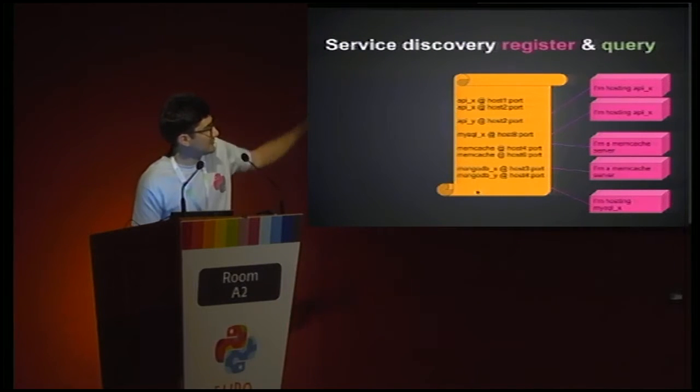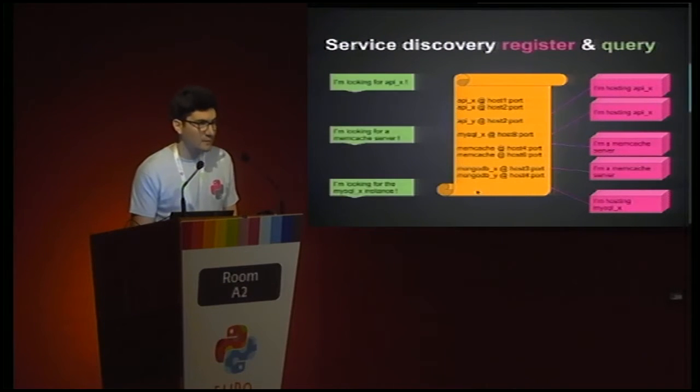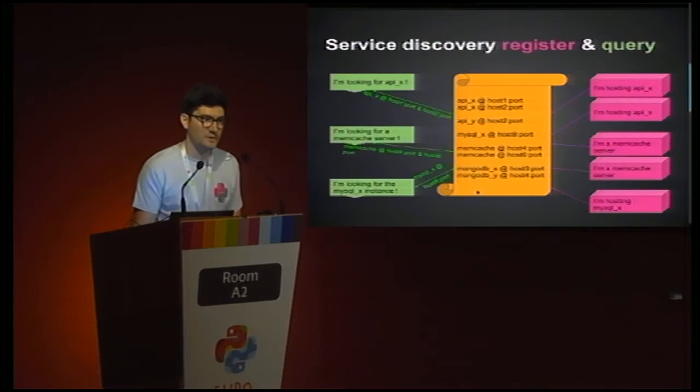And so you will get a list of services running at host and port, multiple times if the service is running on multiple servers. Then you have clients. The clients will be looking for a service by its name, usually, and they will query the catalog for the given service, and they will be handed over a list of available hosts providing said service. This is service discovery.